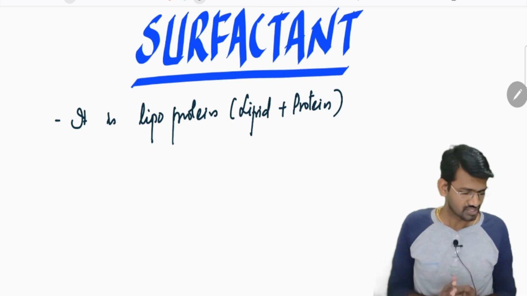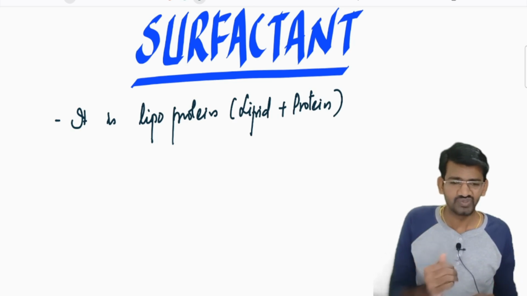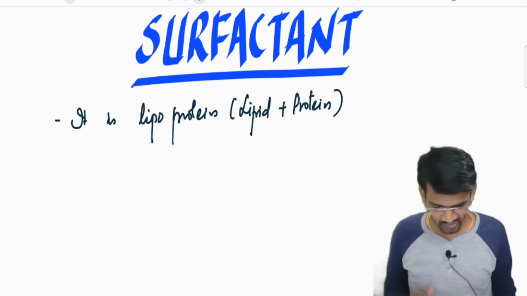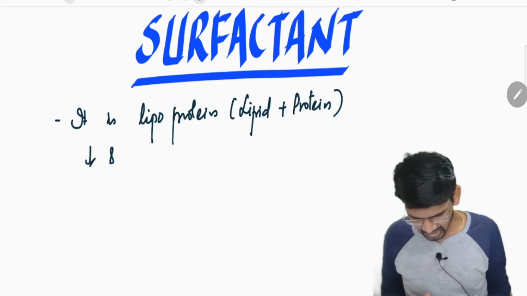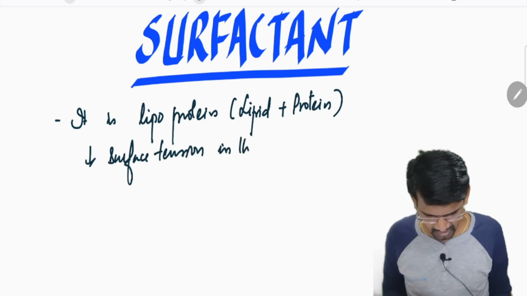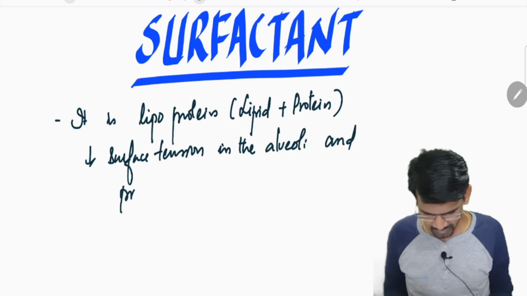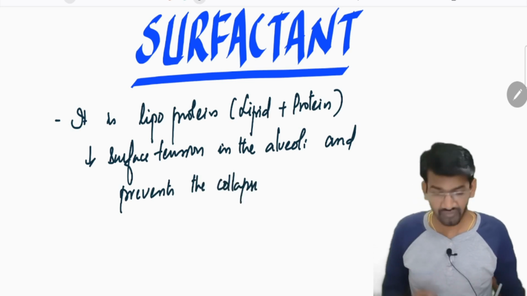So what is the major function of this? This lipoprotein reduces the surface tension in the alveoli and prevents the collapse of alveoli.